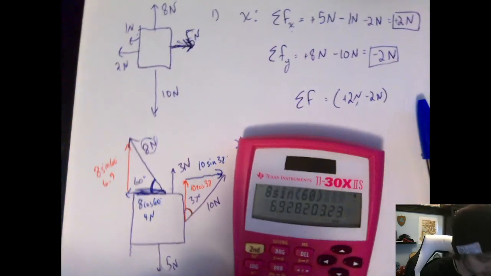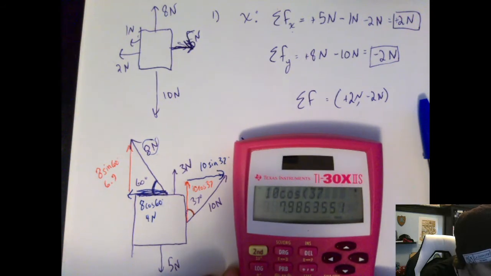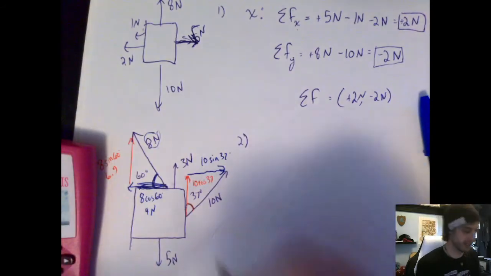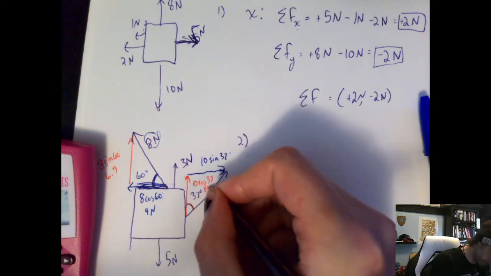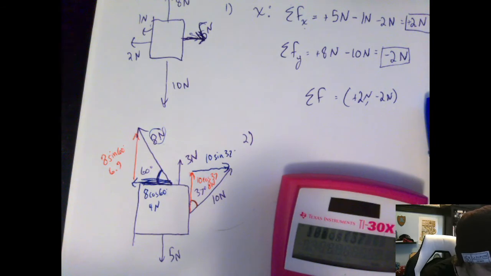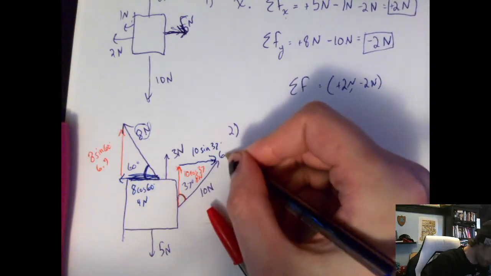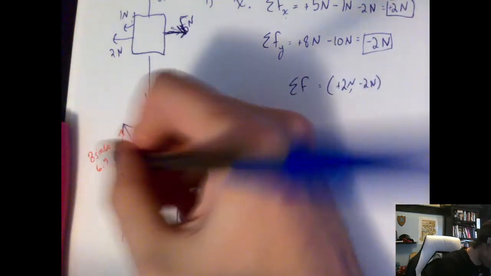And we've got 10 times the cosine of 37, which gives us 7.98, which I'm going to round to 8. And lastly, we've got 10 times the sine of 37, which is 6.01, and I'm going to round that to 6. Should probably have equal signs after this.